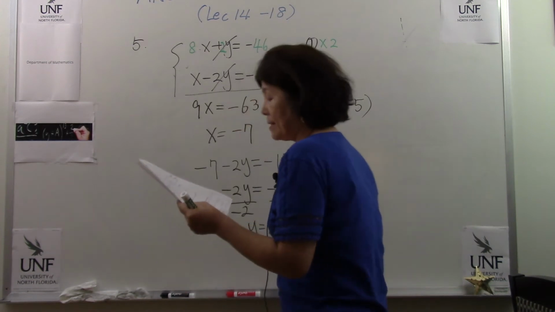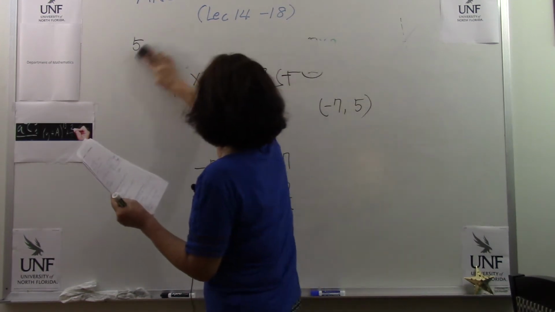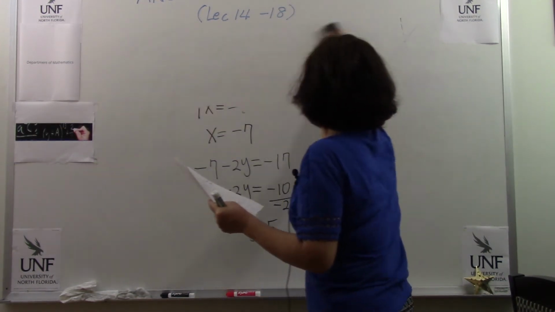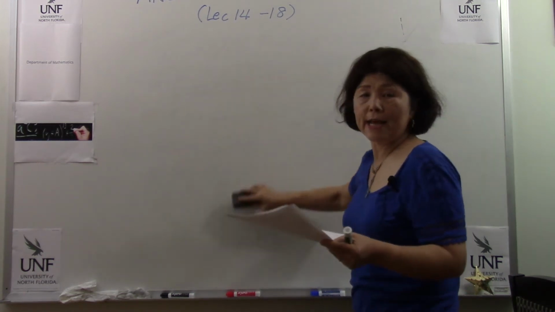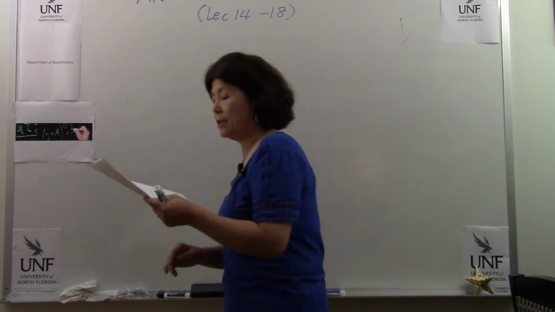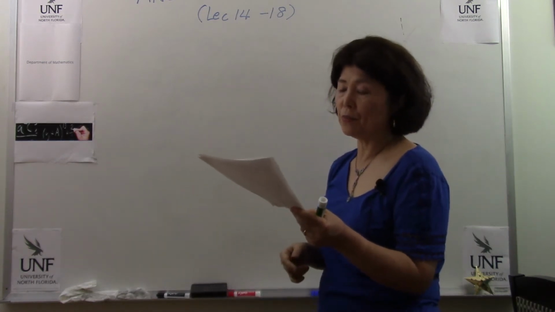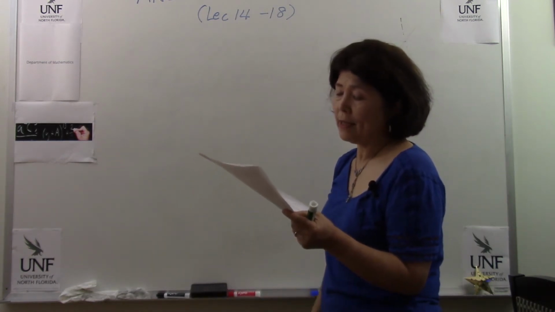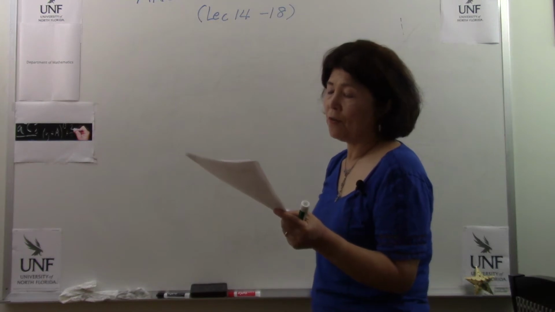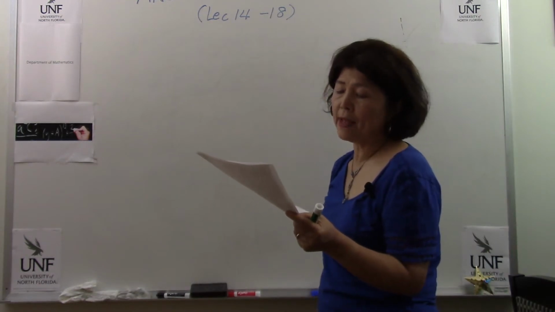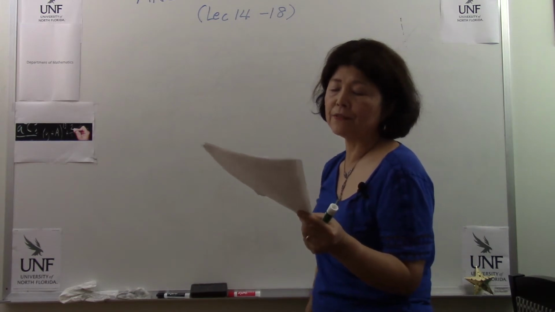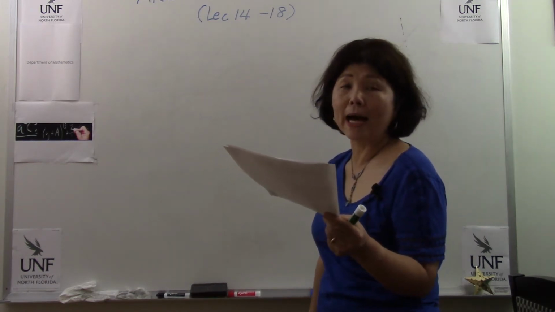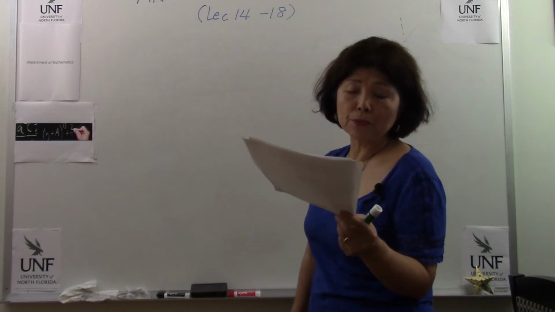Next one, let's talk about graphs. The very last lecture was about the graphs, so this is going to be a good summary. There are a bunch of functions given, and we are going to determine if this function is an even function or an odd function, or it could be neither.